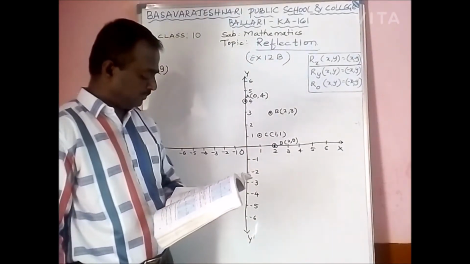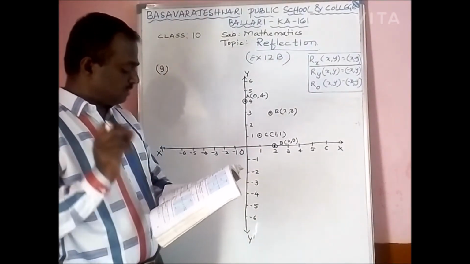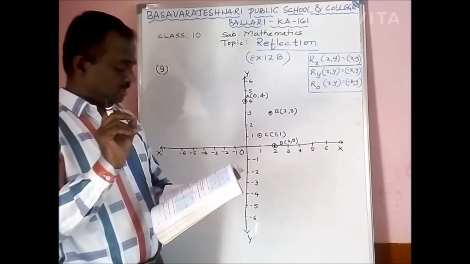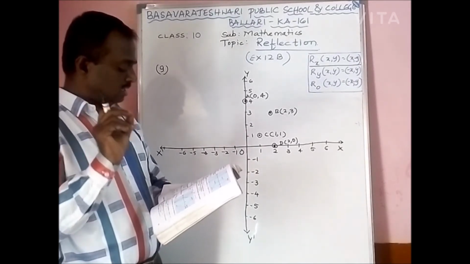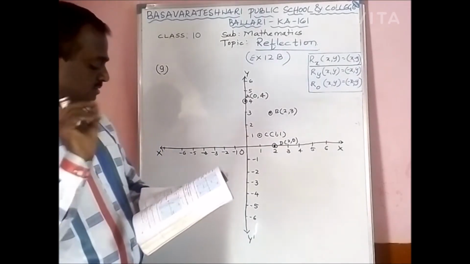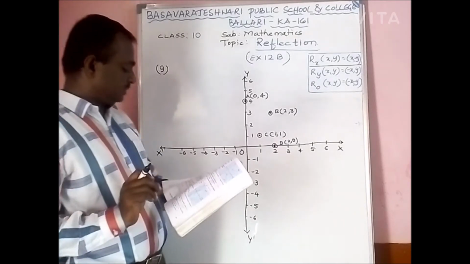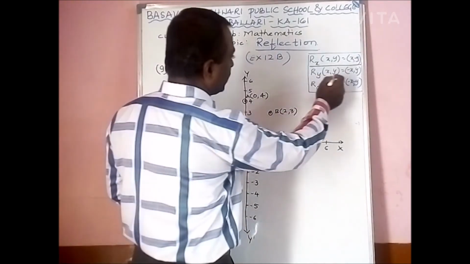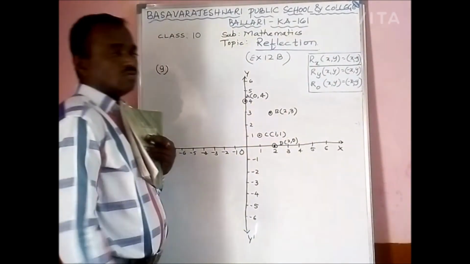First question is over. Second question: reflect the points B, C, D, not A, on the y axis and write down their coordinates. So B, reflection on y axis. I told already what is the reflection on y axis? It is (minus x, y).